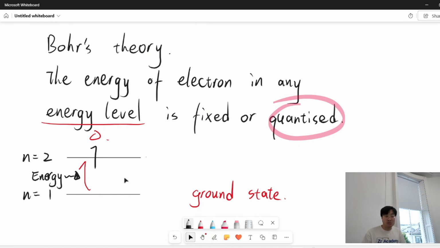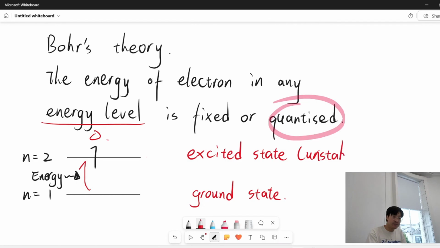However, when the electron is at the n equals 2 energy level, which is something we call the excited state, the electron itself will become unstable. Think about it this way.